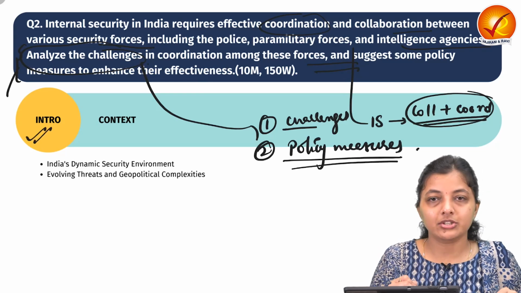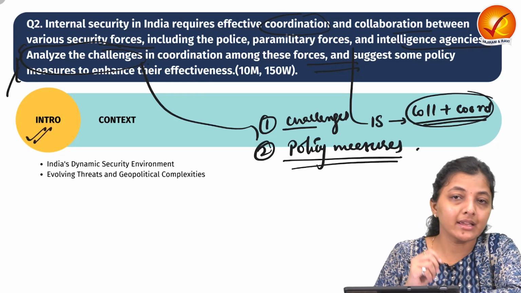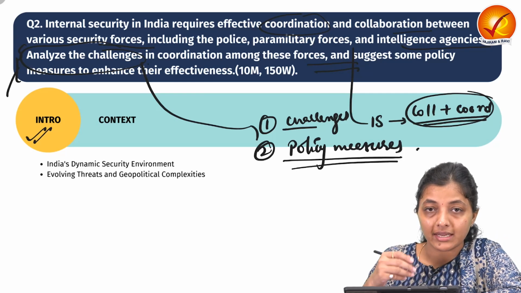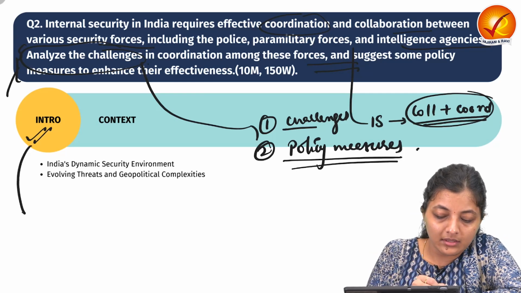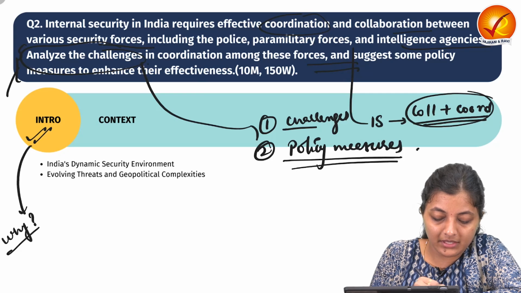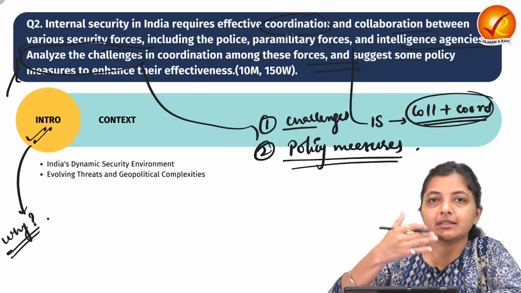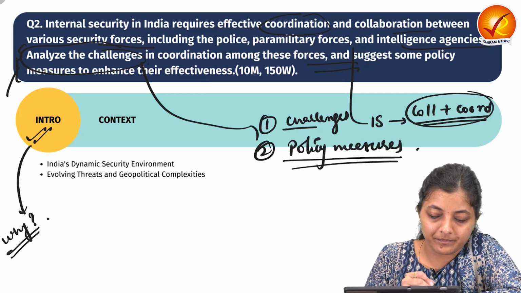So in the introduction, you can write why there is a need for enhanced coordination. Why part in the introduction itself, because it will set the context for your answer.